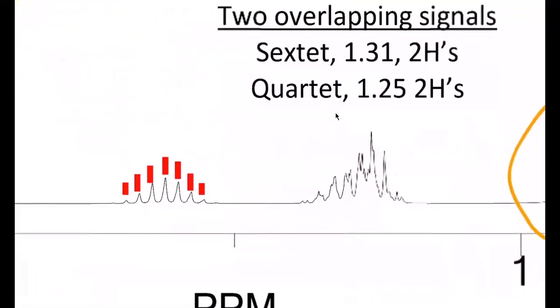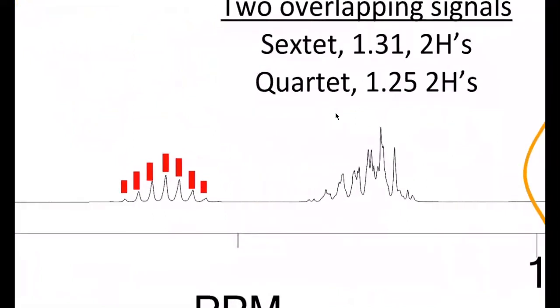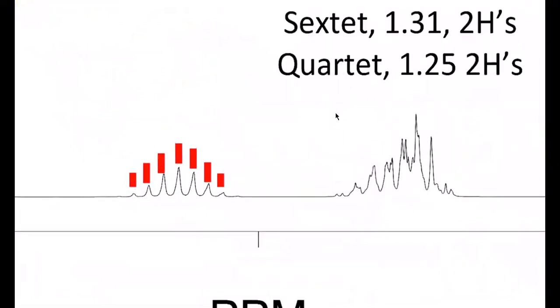There's actually 1, 2, 3, 4, 5, 6, 7, and if you look really closely, there's a little shoulder out here, and a little shoulder out here, right? So that actually is 9 lines. So you're right, it should be a multiplet. It should be 9 lines, and it should integrate for 1 hydrogen.